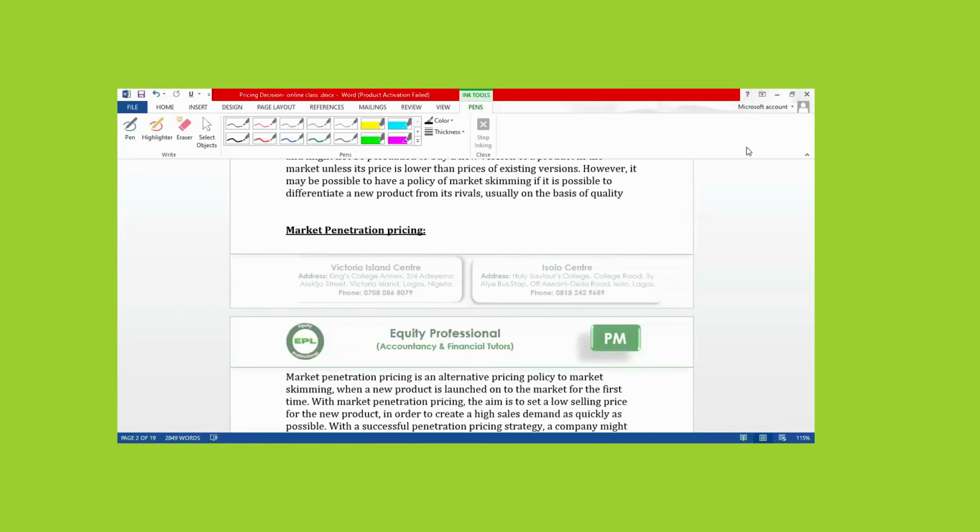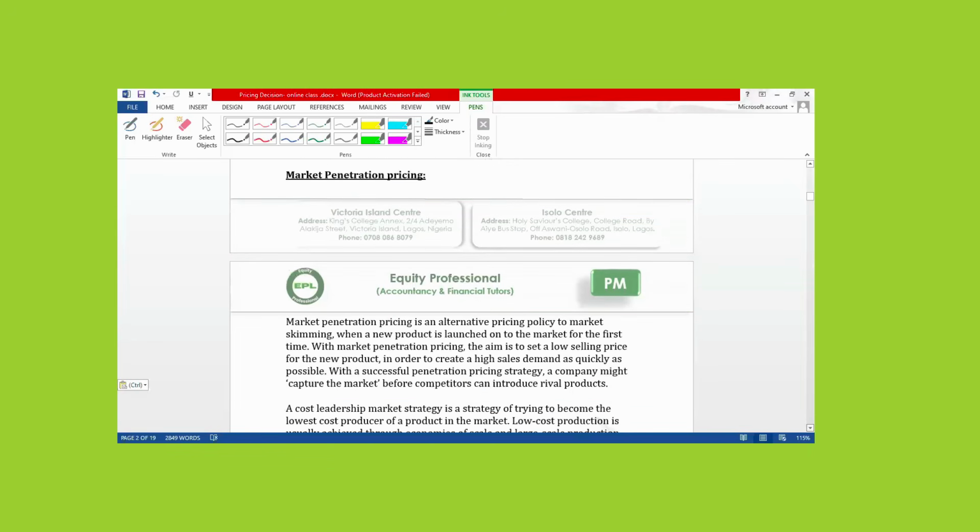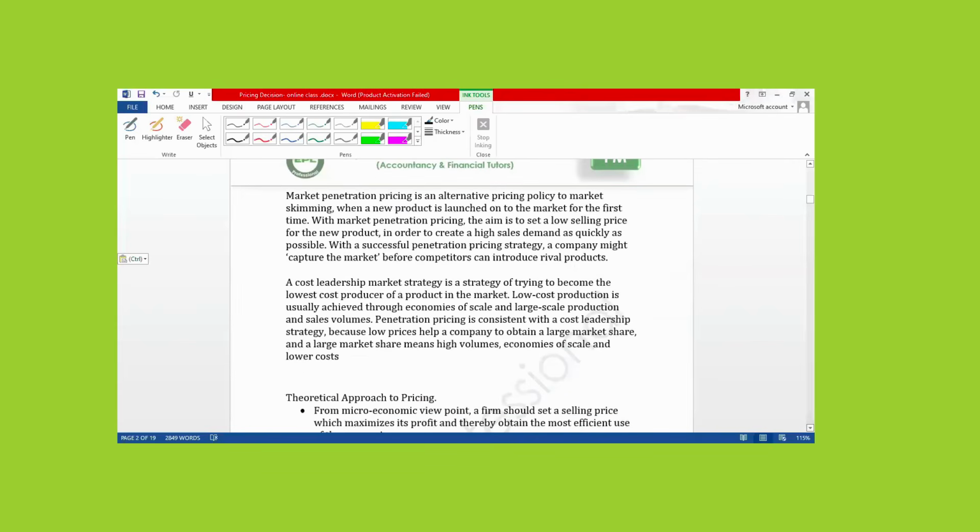You achieve higher sales volume as quickly as possible, capturing the market before competitors can introduce rival products. We discussed this last week. That was where we stopped last week.